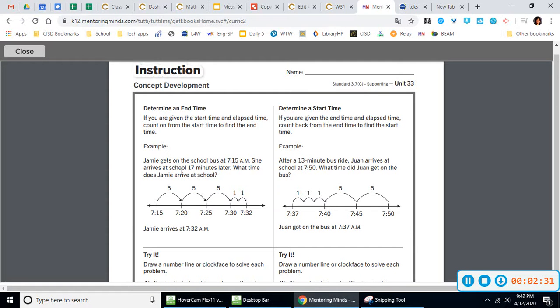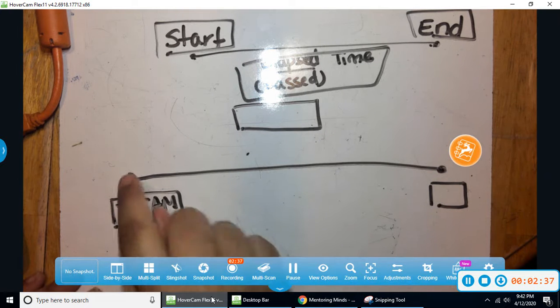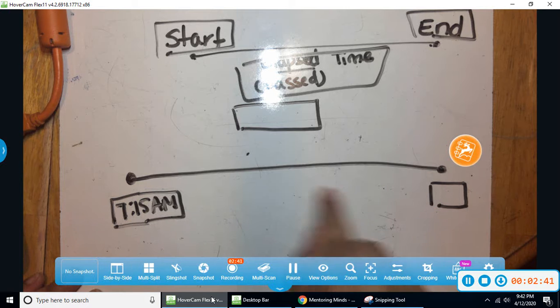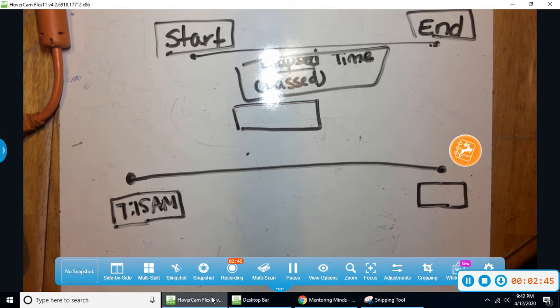She arrives at school 17 minutes later. Now I know that I'm going to have a start time, an end time, and an elapsed time. My end time is going to look like a time that reads on a clock. So what do I know about 17 minutes later? Is 17 minutes a time on a clock?